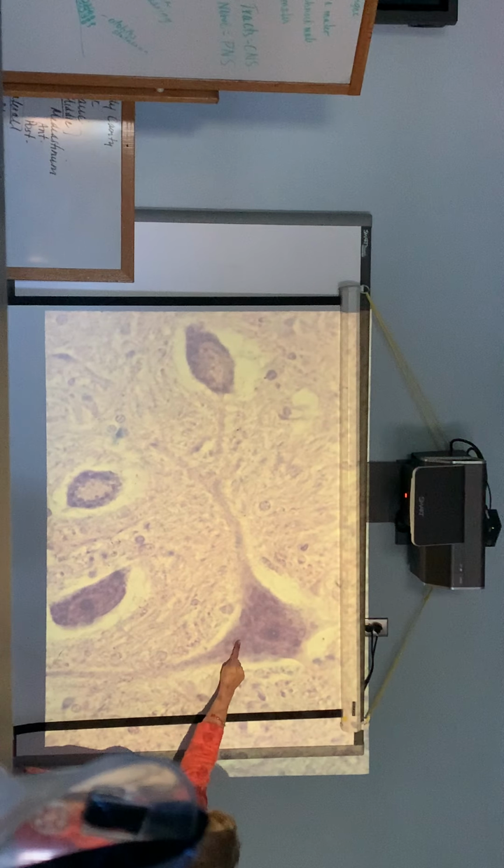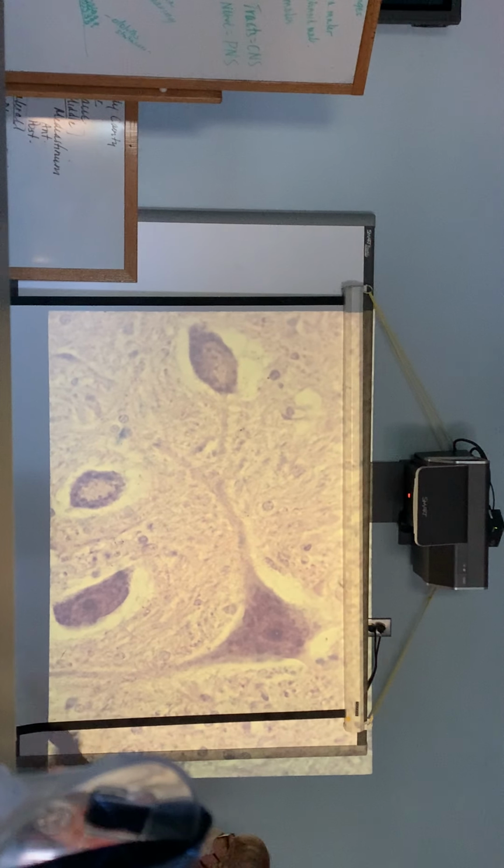That's where we have to get the depolarization stimulus. We have to reach, remember, an EPSP, an excitatory postsynaptic potential, at the axon hillock to get the rest of it to depolarize. Okay?